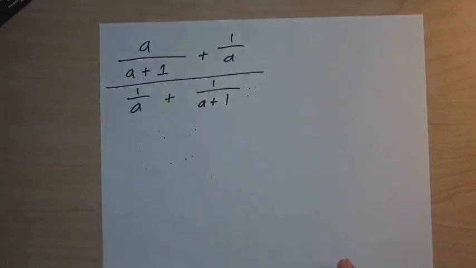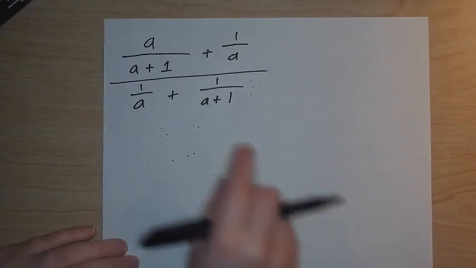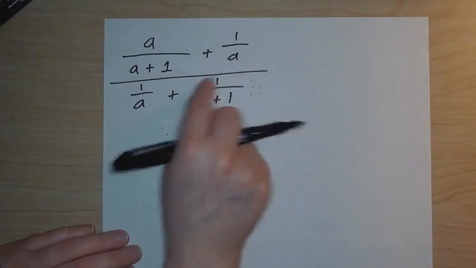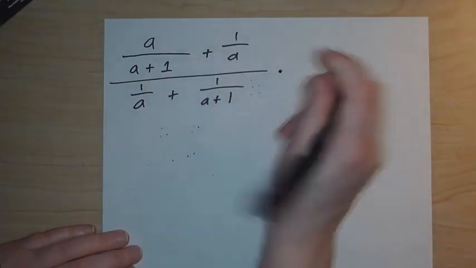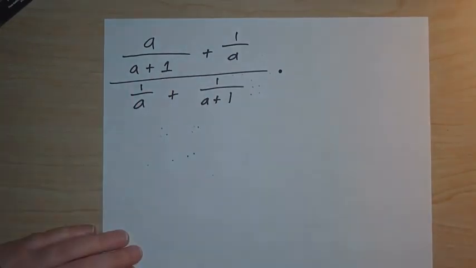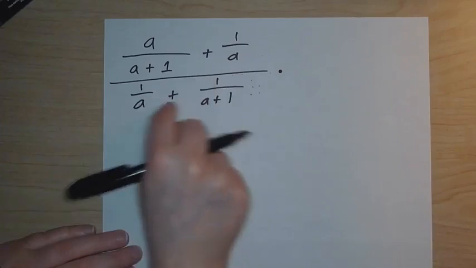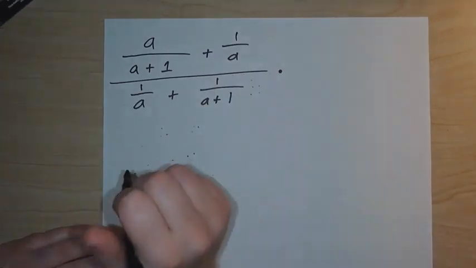Here's a slightly more complicated one with lots of little mini fractions, but they have different denominators. You're simply going to multiply the entire thing by whatever's in the denominator, the LCD, so to speak.